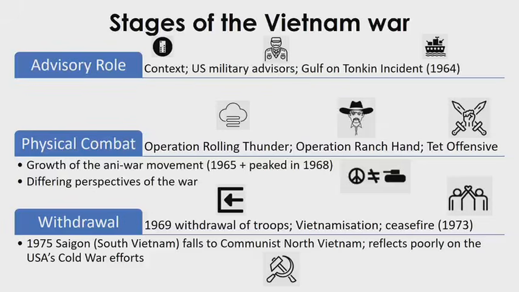And if we have a look at past question papers where this question has come up, you'll notice that the question generally asks us to look at the period from 1965 to 1975. So I think it's reasonable for us to focus our attention on these aspects in relation to the stages of the Vietnam War.